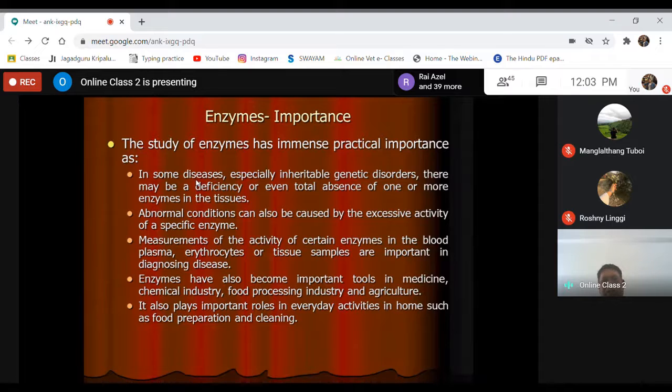This is used for the digestion of meat products, or the softening of the meat. So enzymes have a very wide application, and we need to know their importance. That is the reason that we have to study the enzymes.